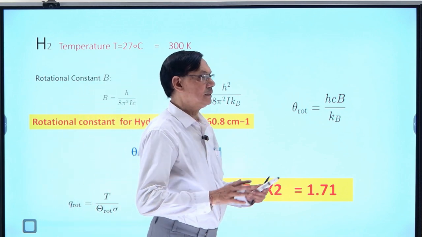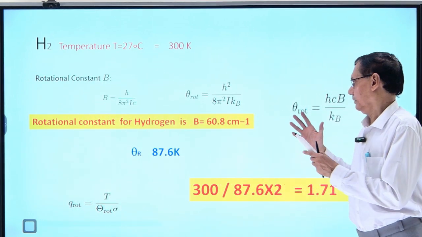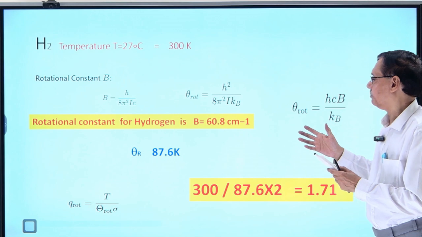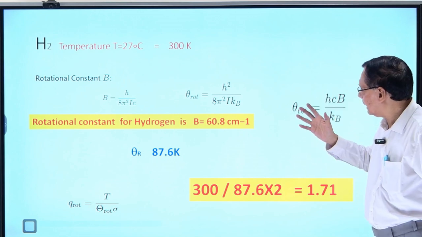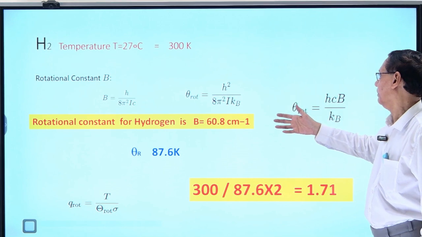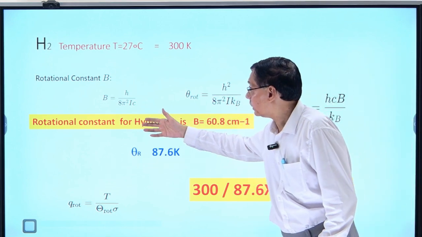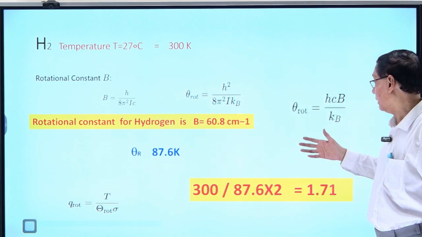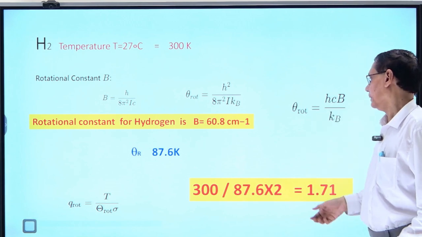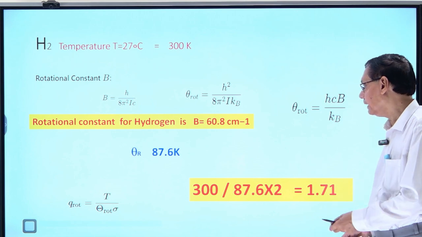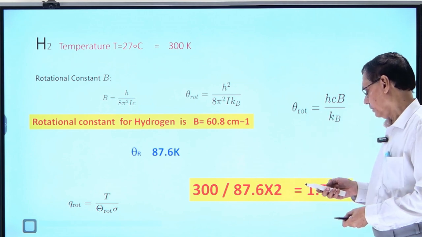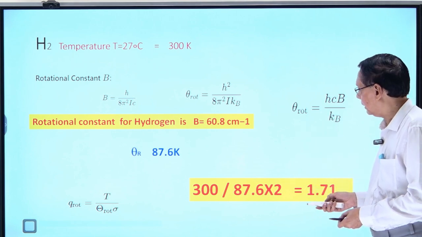So don't get confused, because there are many formulas in the rotational partition function. You just have to understand what the characteristic rotational temperature is, what the rotational constant is, and what the moment of inertia is. Then you can get the final values of the rotational partition function.